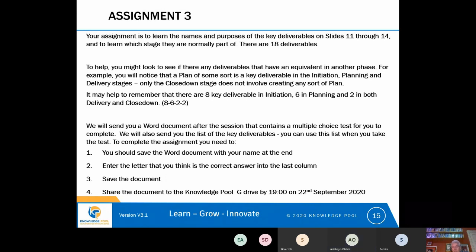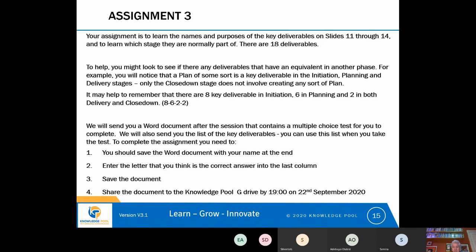So yes, I was saying that although you can look at the deliverables on the YouTube video, which I'll put up tomorrow from sort of lunchtime, I have actually got a separate list of the deliverables that I can send you. So I'll put a Word document on Telegram after this session that contains a list of key deliverables of each stage, and I'll put another Word document on which is a multiple choice test that I'd like you to complete.